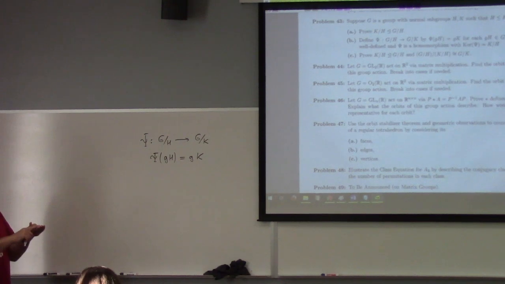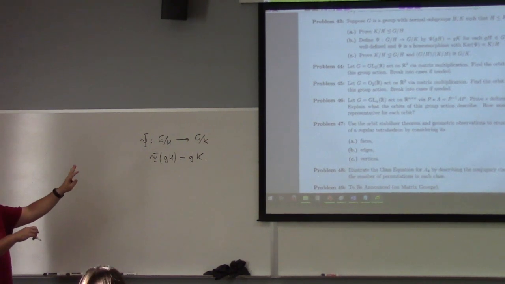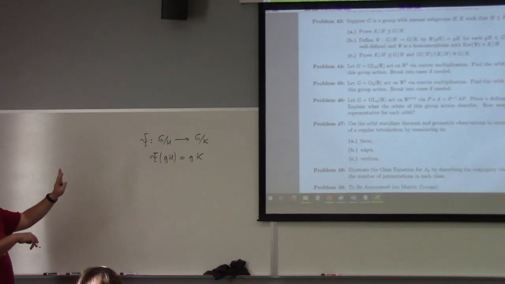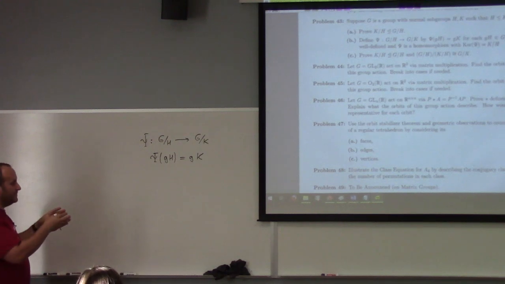So here, there's really nothing to check in terms of domain and codomain, right? You look at the formula. We've given a formula which covers every possibility for the domain, right? And the output, gK, is clearly something in the codomain. So there's no question of into here, as I said the other day. Into is obvious. It's definitely into G mod K. The question is just about single-valued, right?